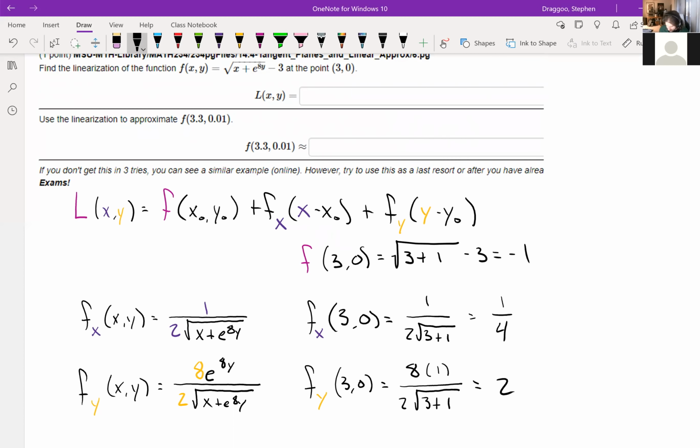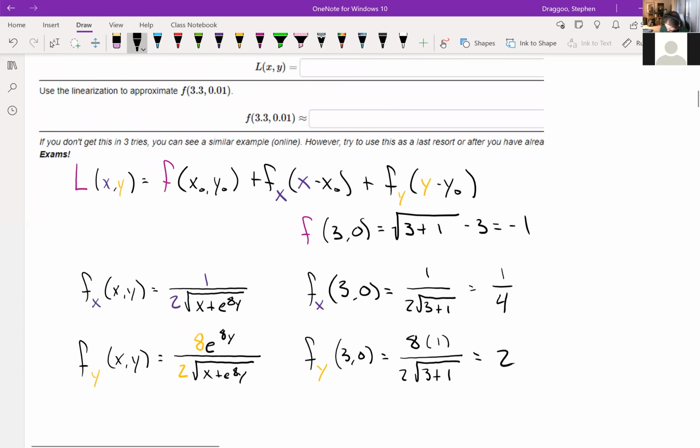All right, so now I want to put all of that together to get my linearization.